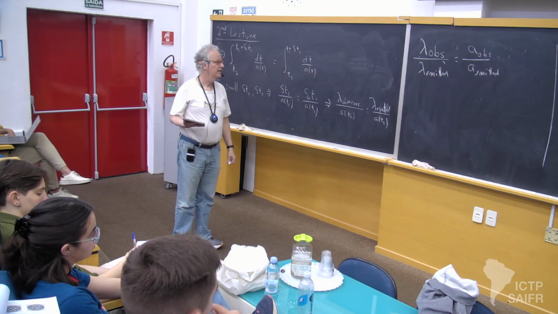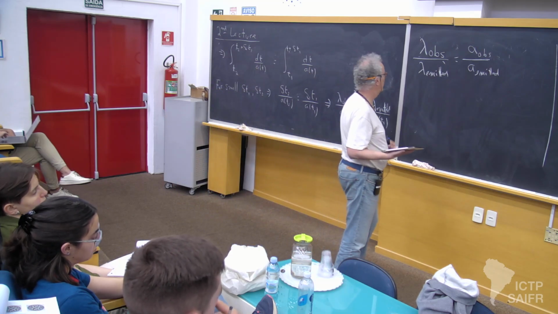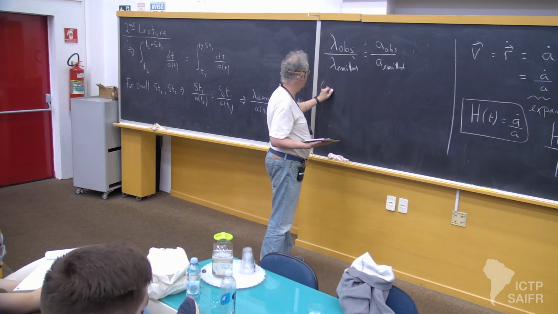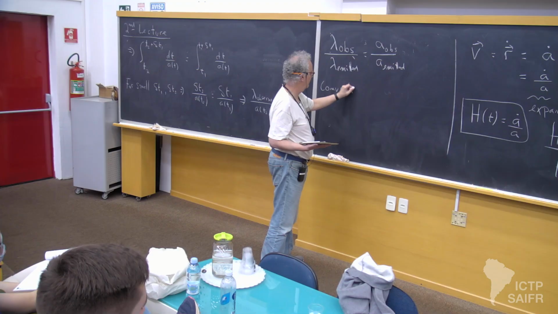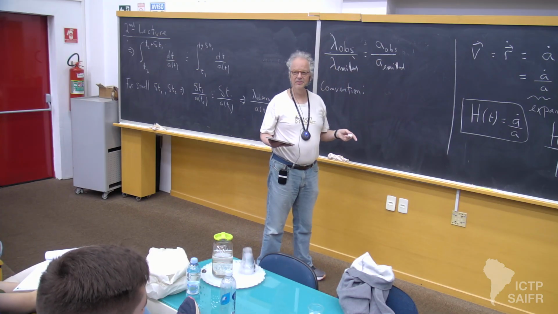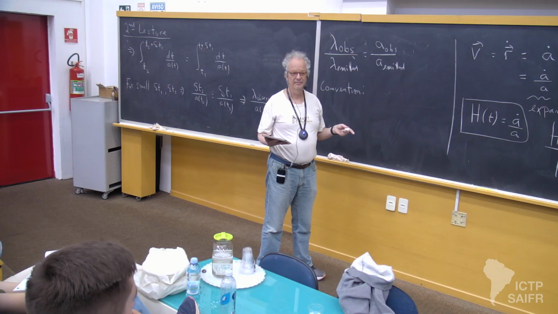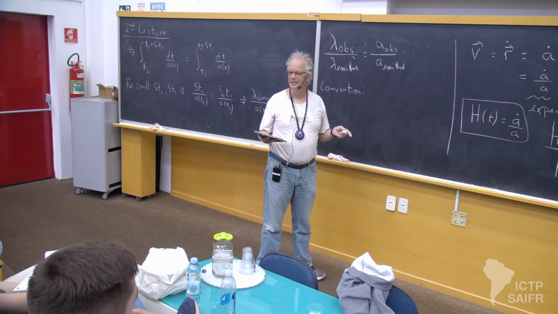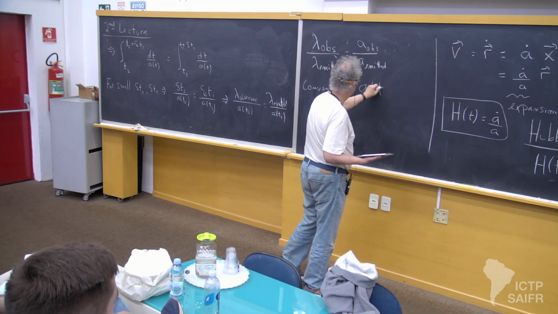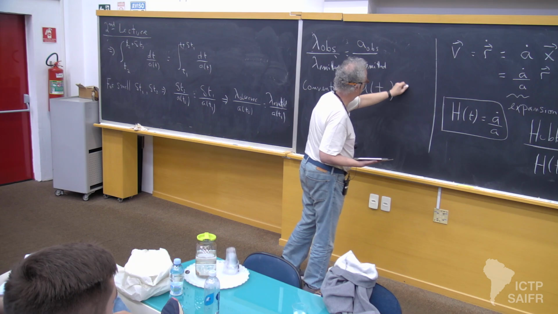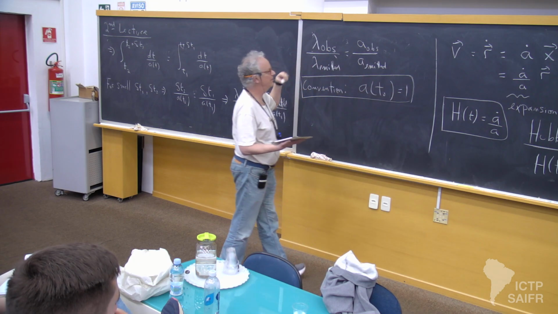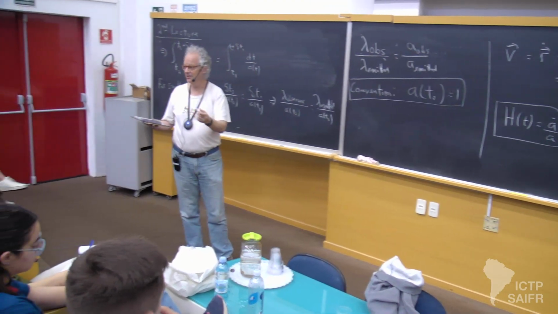Okay? So there's something I'm not sure I mentioned to you, but a notation, a convention that we use is that the scale factor today, did I mention that to you? Is conventionally 1. Did I mention yesterday? Maybe not. So the convention is that the scale factor today, and today is T0, is 1. That's by convention. And we are the observers, we are observing today.